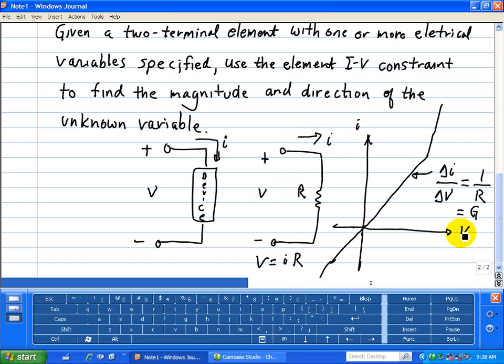So here's our voltage and current plot. Now I could easily exchange between these two axes, but for this purpose we'll just label here the vertical axis as current and the horizontal axis as voltage. And the slope of this line is our conductance, which is equivalent to 1 over R.